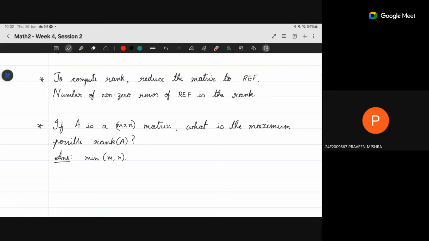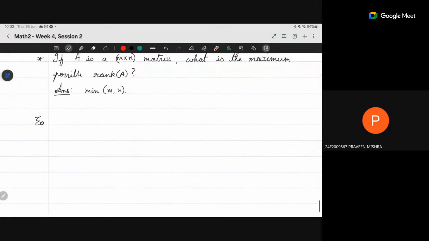It should be the number of elements in the column space of A, or the row space of A, which is equal to the dimension of the basis, meaning the number of elements in the basis.